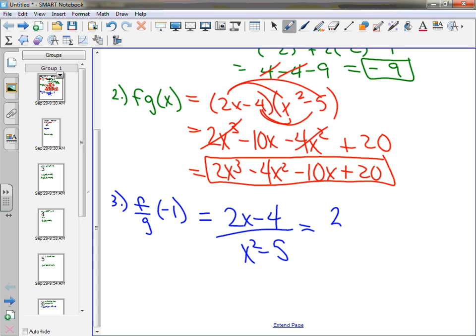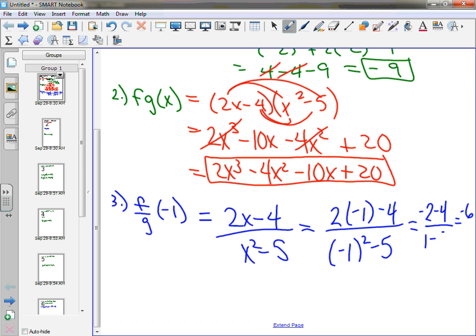Substitute in the -1, so that's 2 times -1 minus 4 over -1 squared minus 5. So what's 2 times -1? Minus 2, minus 4 is -6. -1 squared is 1 minus 5 is -4. So what's negative divided by a negative? What's 6 over 4?